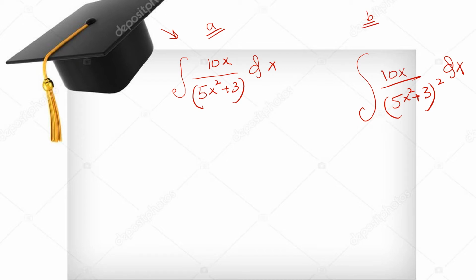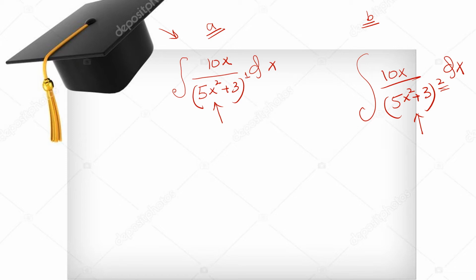The only difference is that it has a power in the denominator. So understand that whenever you have a rational function, always focus on the denominator. Once you focus on the denominator, check what is the power of the equation. The power of the whole expression is nothing, which means 1.